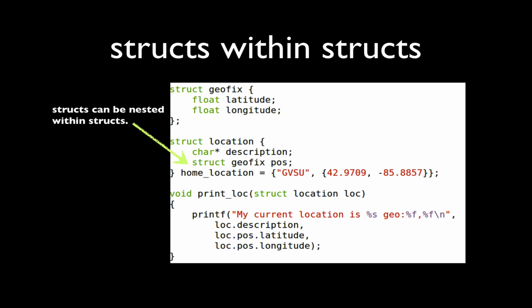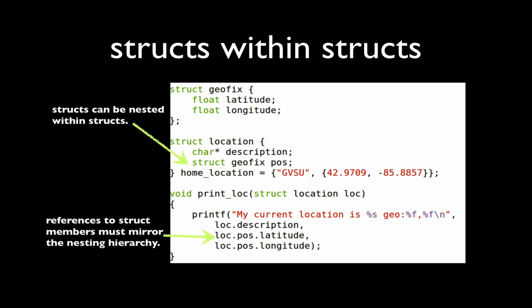And then notice that I've got a struct geofix called pos nested right inside my location. And similarly, when we actually define an initializer for this, we're going to use nested braces exactly as you see here. So very similar to how we initialized two-dimensional arrays.